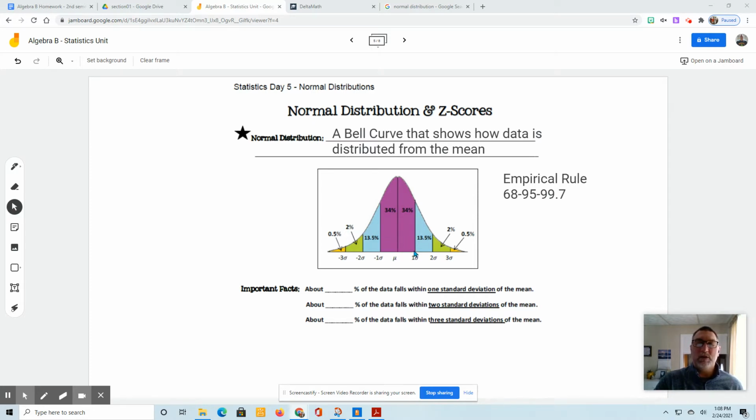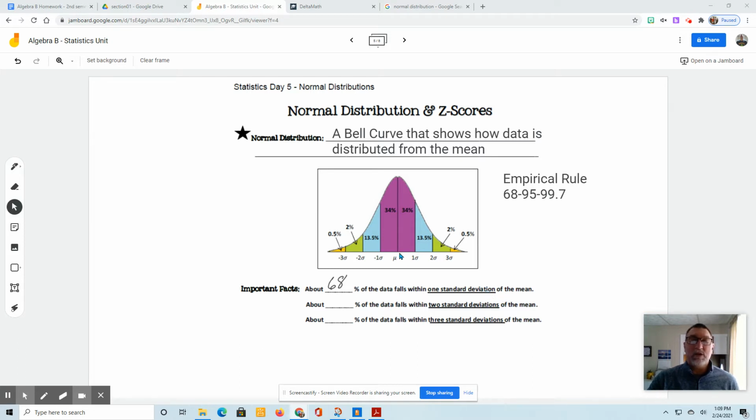From the mean to one standard deviation, 34%. From the mean to -1 standard deviation, 34%. So we have 68% of the data within one standard deviation of the mean. So from -1 to 1 is one standard deviation from the mean, and that 68% of the data is there.